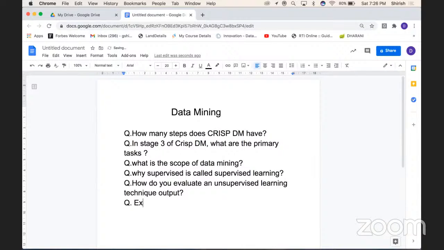Yeah, I'll write it as: explain different stages of data mining.